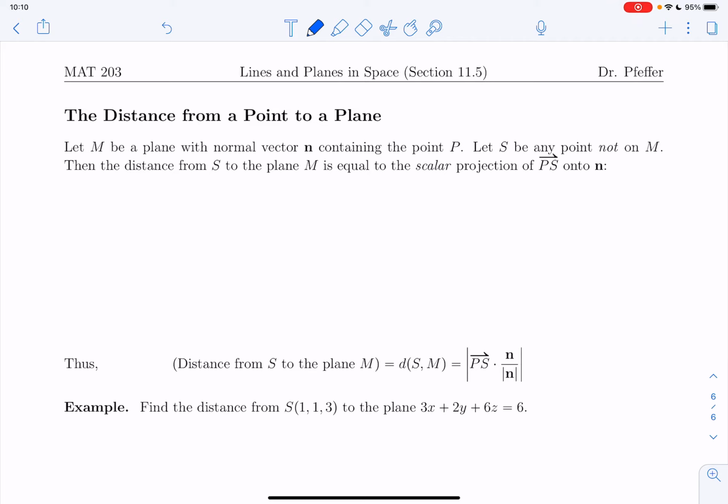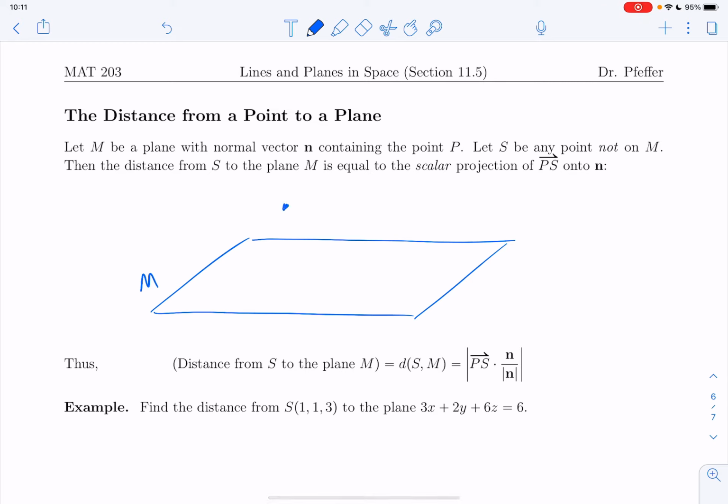So let's take a plane M. This is our plane M. We're going to suppose that it has a normal vector. Let's just say there's a point, say S, living over here, and we'd like to know the distance from S to the plane.